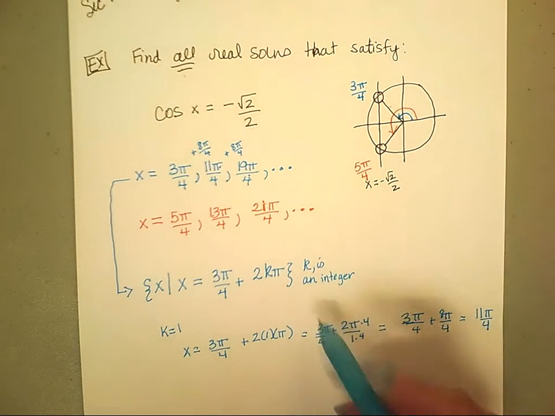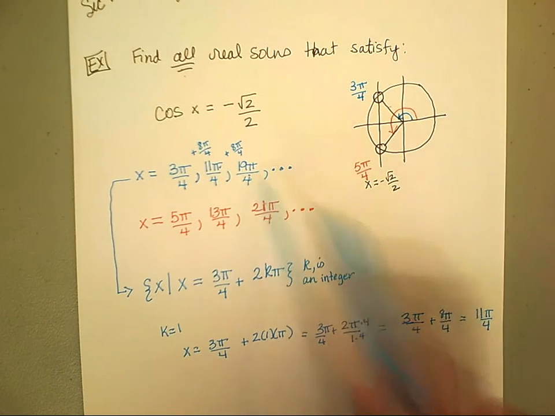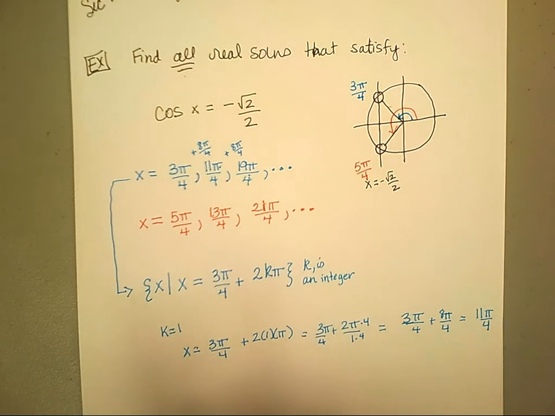Now if we let k equal 2, then we'd get 2 times 2, which is 4 pi, and then we would come up with 19 pi over 4. So k is denoting that it's a multiple.